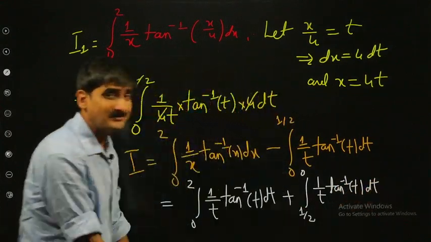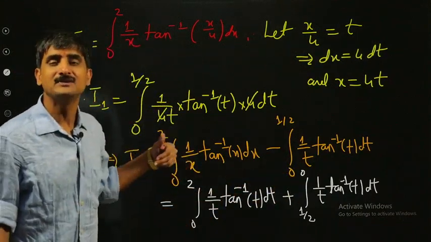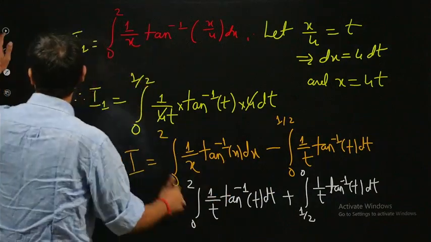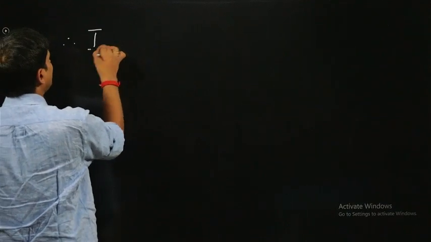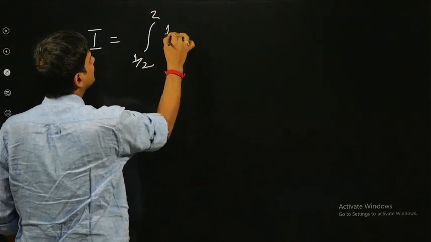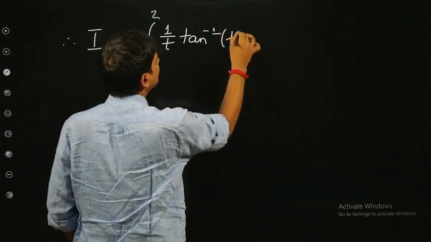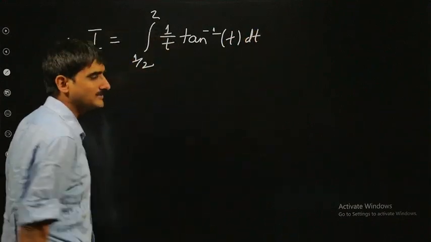Using the property that a to b and b to c can be written as a to c, we can write our integral as half to 2 of 1 by t tan inverse of t dt, and that's it.